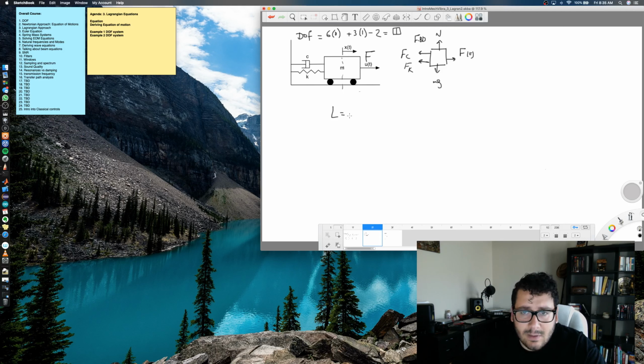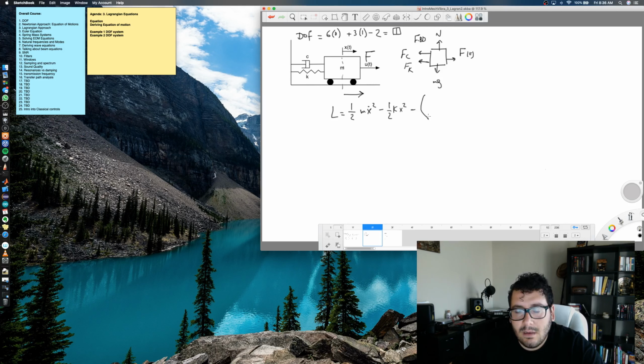My L is equal to the kinetic energy. This is my direction, so you take a direction and you stick to it. The kinetic energy of the mass is half m v, another way to write that is half m x dot squared, minus, because the spring will be absorbing that energy as well, half k x squared.